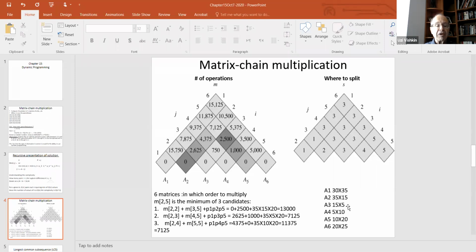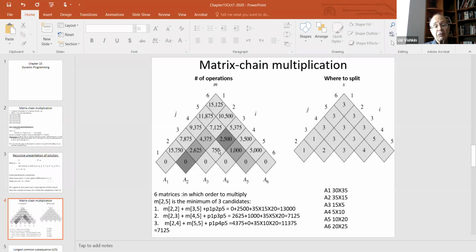Okay, so now let's try and see why this is a proper way to unfold the recursion and actually fill up the recursion after we unfold it from bottom up.